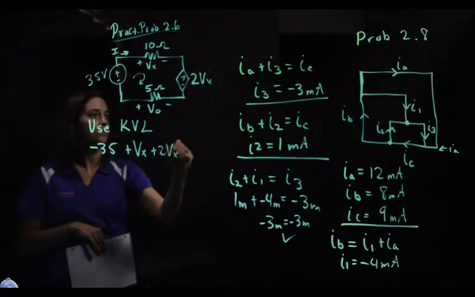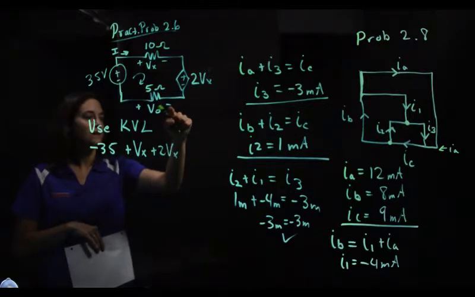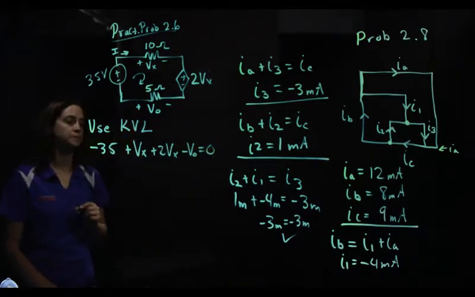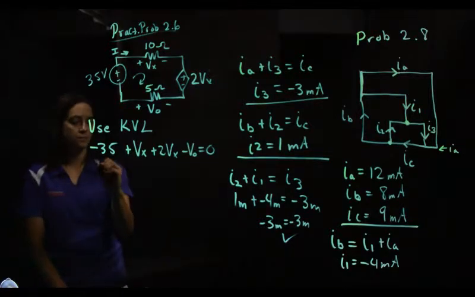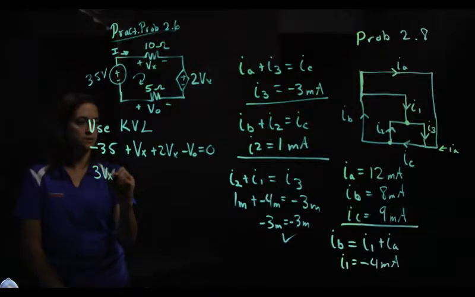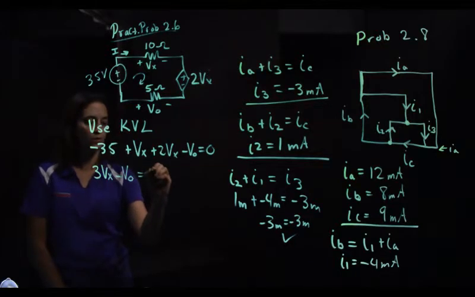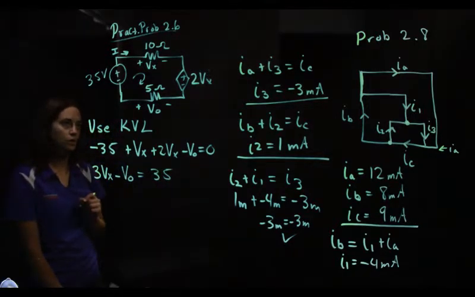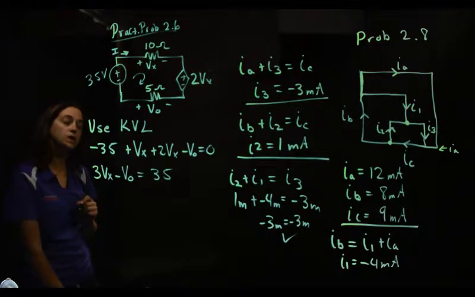Keep going, minus VO equals 0. So I have 3Vx minus VO equals 35. So I have one equation and two unknowns. Obviously, that's not going to work. So we need to come up with another equation.